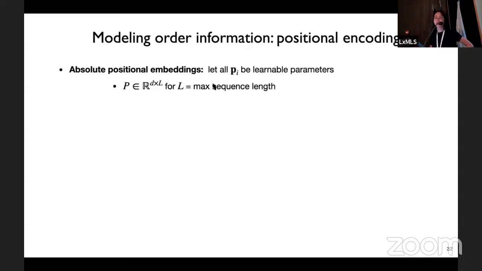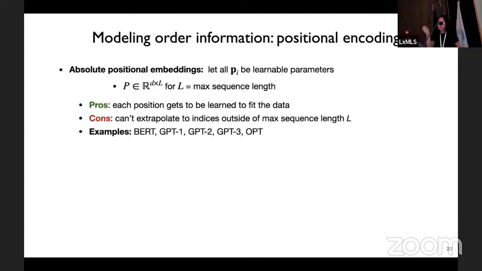This P matrix should be d by L, where d is the dimension and L is the max sequence length. The good thing here is that each position embedding can be learned from the data, so you don't have to decide beforehand what the position embeddings should be. The downside is that you have to set a max sequence length L.